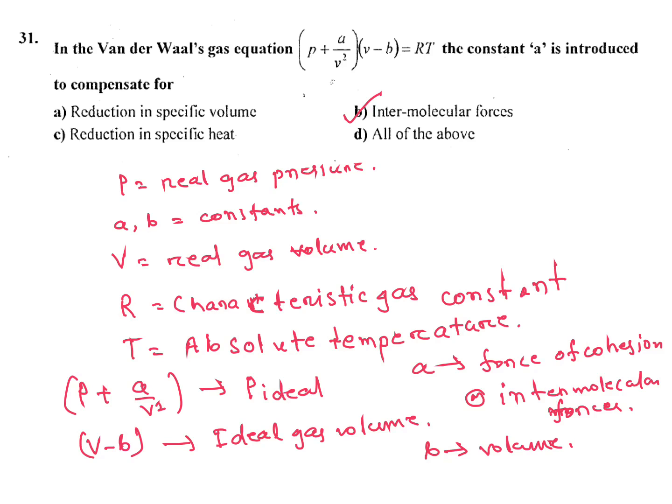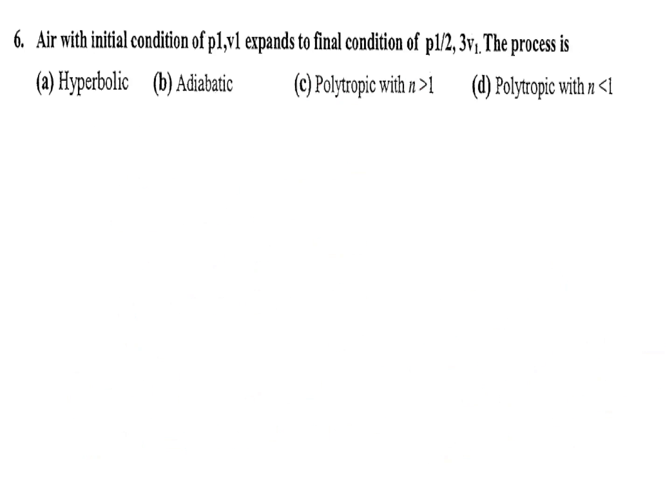Air with initial condition of P1 V1 expands to final condition P1 by 2 and 3 V1. What is the process? We will draw the PV diagram. Two methods we will use for this question.